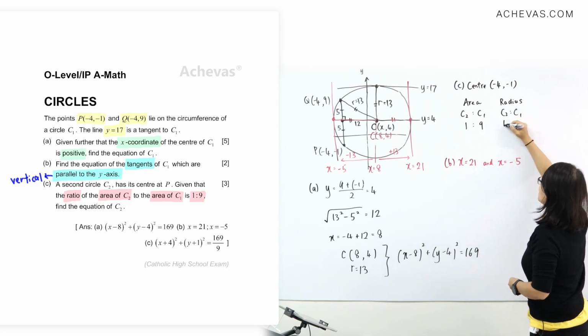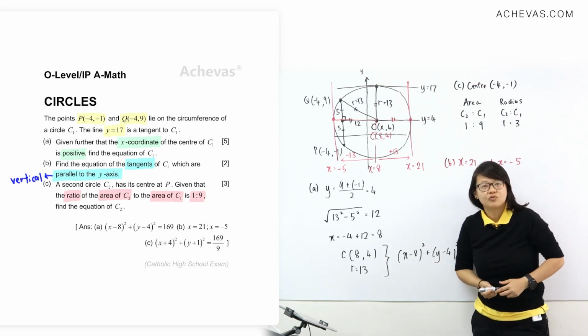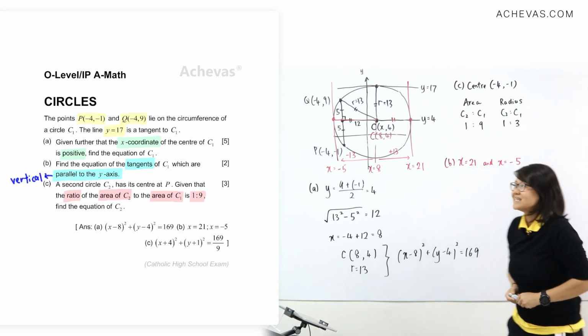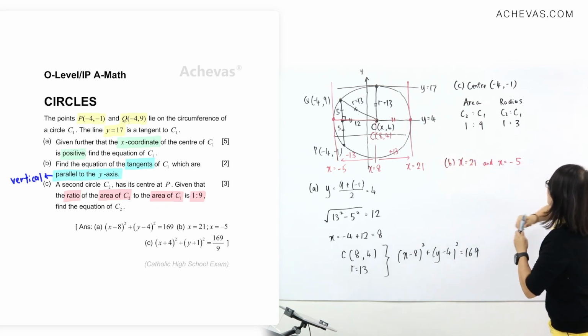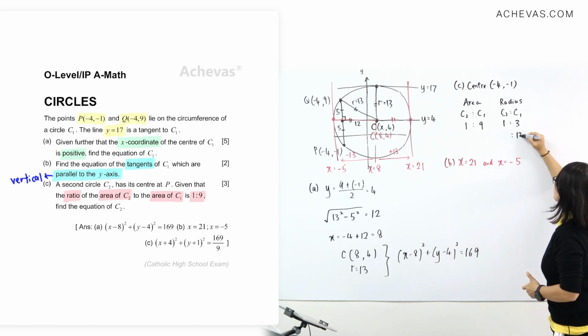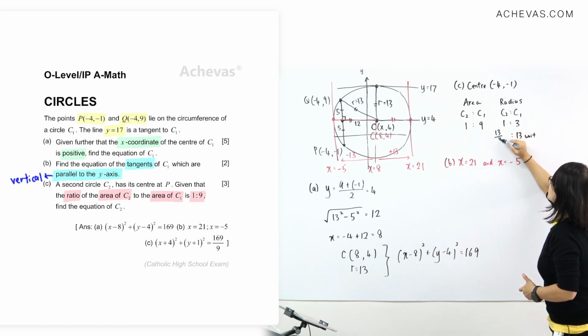Square root of 1 is 1, square root of 9 is 3. So the radius ratio will be 1 to 3. Since we know the radius of C1 is 13 units, this one will be 3 times smaller. So this one will be 13 over 3 units.